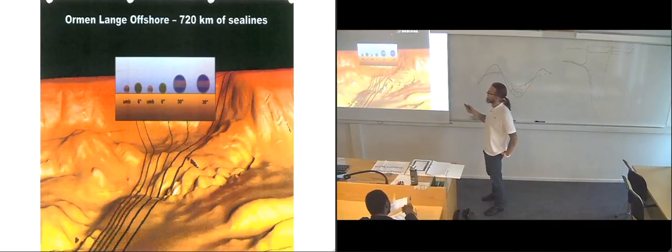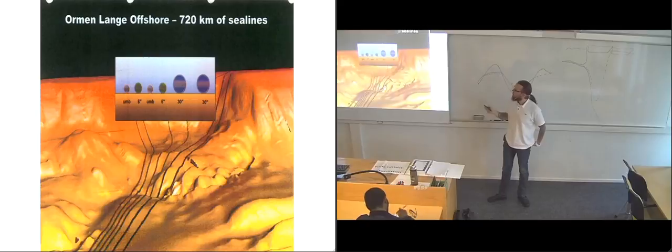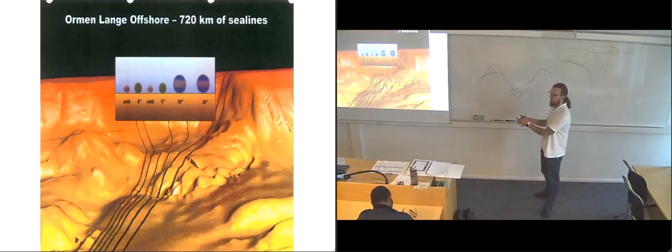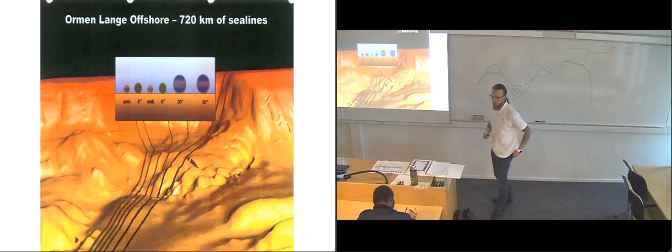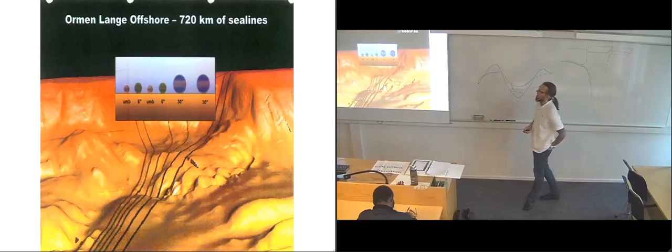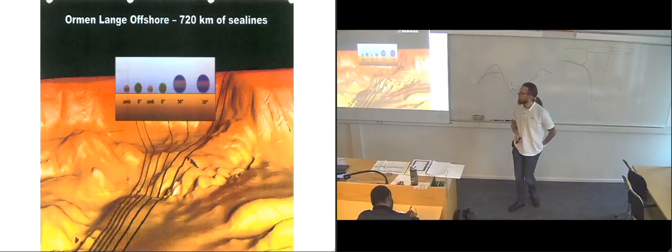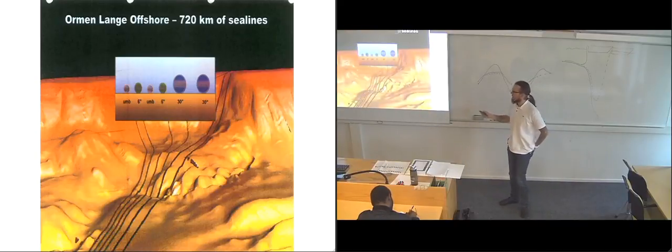When you think just from land out to Ormenlange, it was almost as much as the 1,100 they used from Nyhamna all the way to Easington, I think it is, in Great Britain. They put down almost as much in this shorter distance, which was only 120 kilometers, just because they had to put down so many lines of everything.